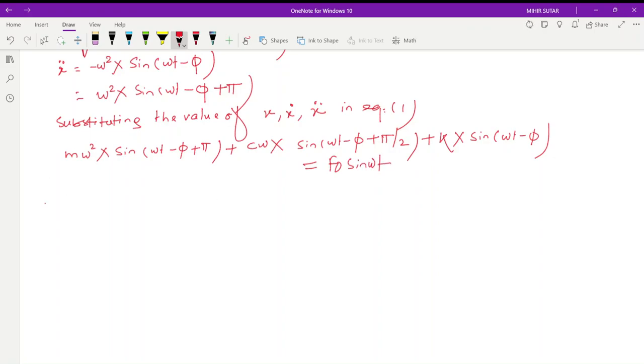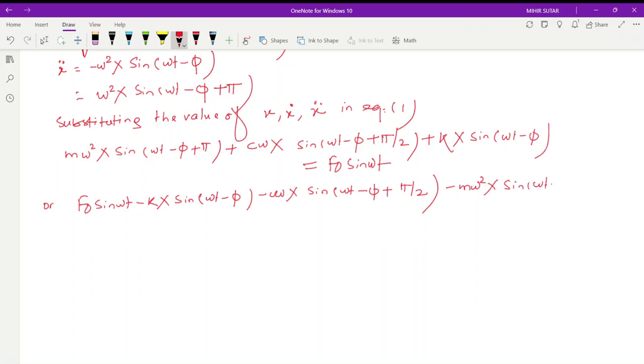Okay, or we can write this as F0 sine omega t minus k X sine omega t minus phi minus c omega X sine omega t minus phi plus pi by 2 minus m omega square X sine omega t minus phi plus pi is equal to 0. Let this be equation 5.